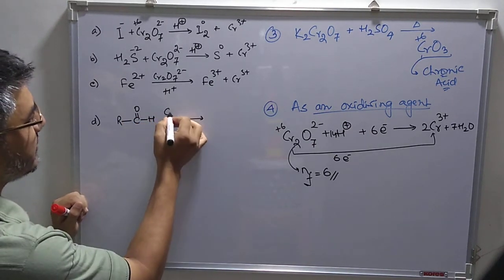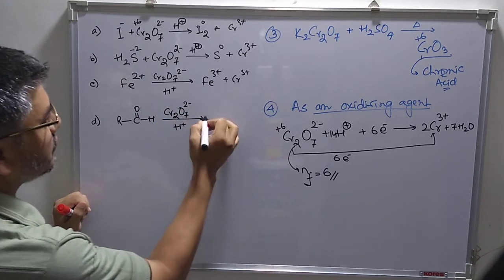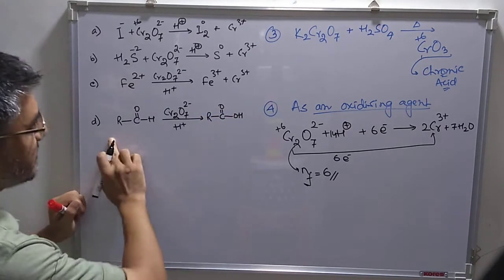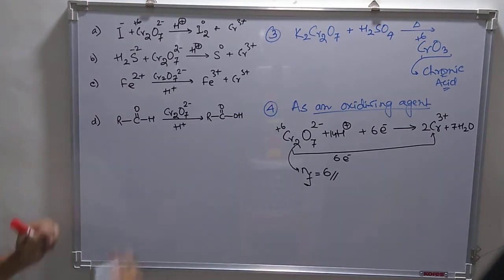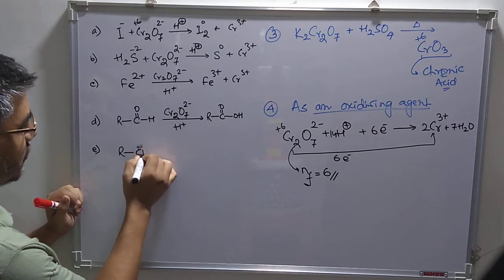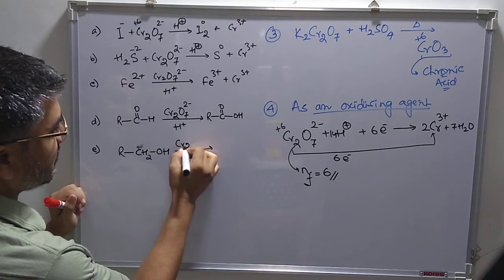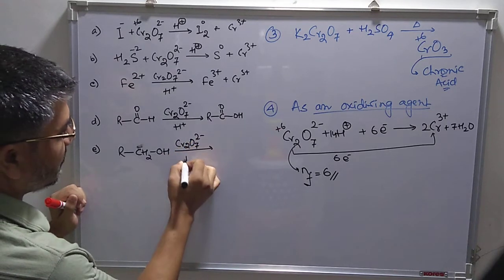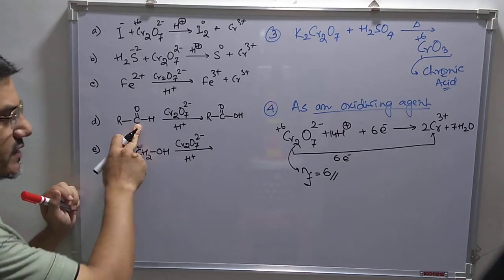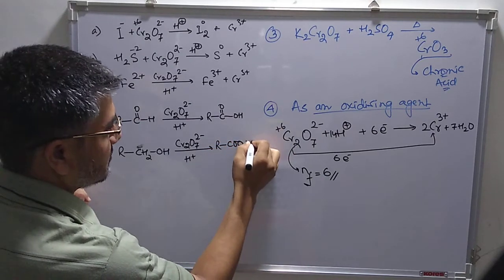Aldehydes can also be oxidized by dichromate in acidic medium to give you carboxylic acids. So aldehydes are oxidized to acids. We can also have primary alcohols. These primary alcohols will also be oxidized by dichromate ion in presence of acid. They are first oxidized to aldehyde, and aldehyde is further oxidized to acids.